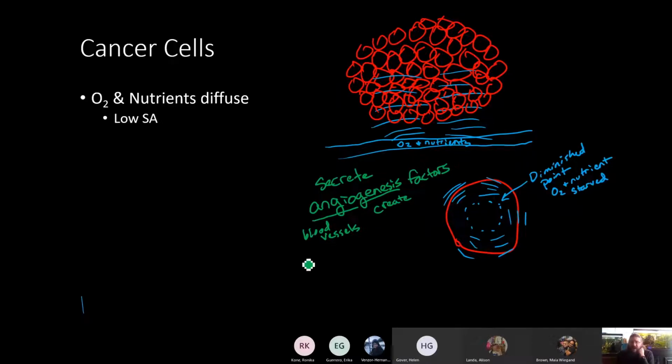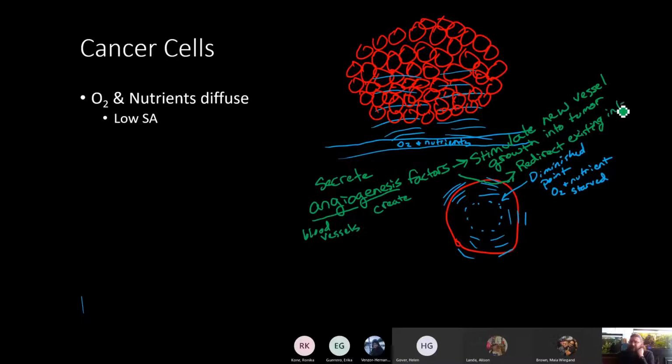In other words, angiogenesis factors stimulate new blood vessel growth into the tumor, and they can redirect existing vessels into the tumor.